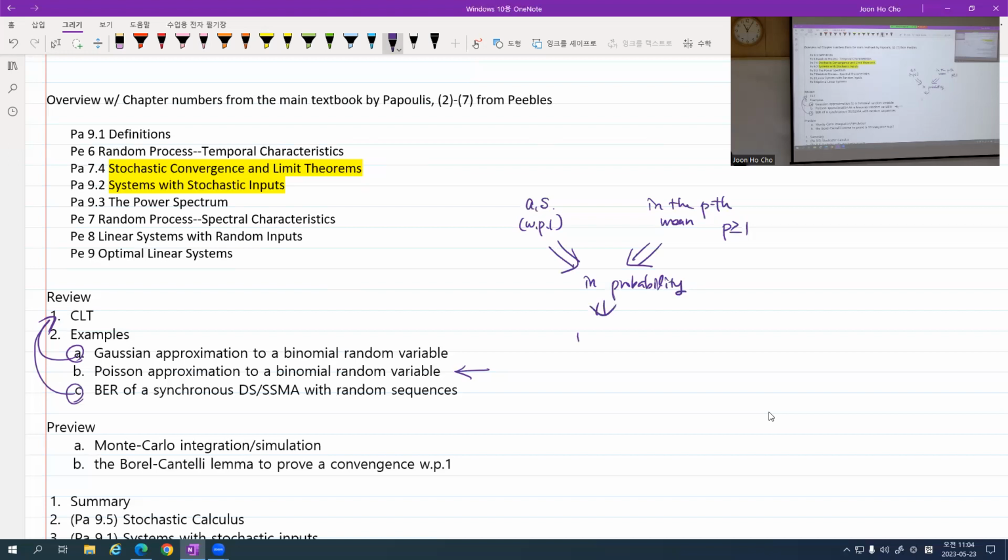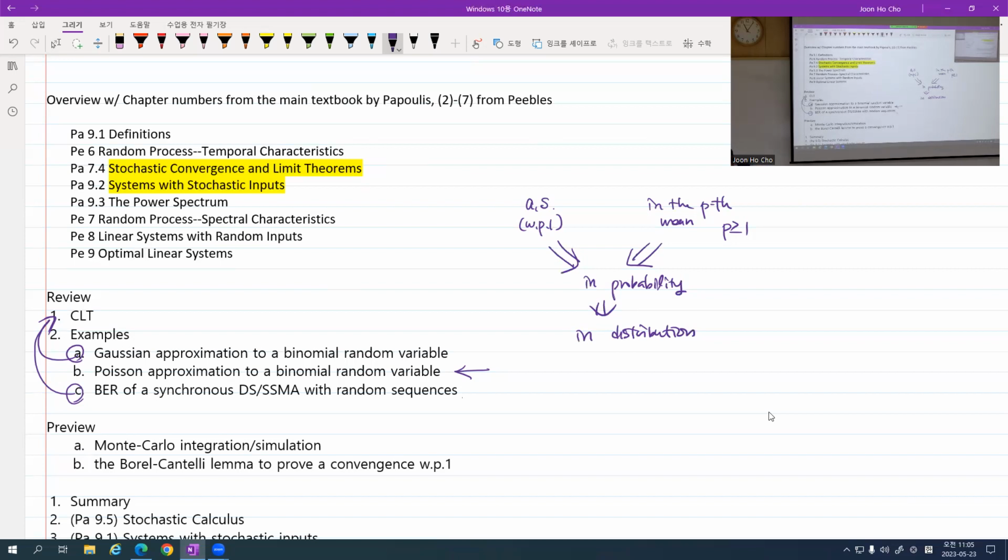And they all imply convergence in distribution. And last time, at the end of the meeting, I emphasized that in most of the applications, you want to prove this because we handle probability in many cases, not all.